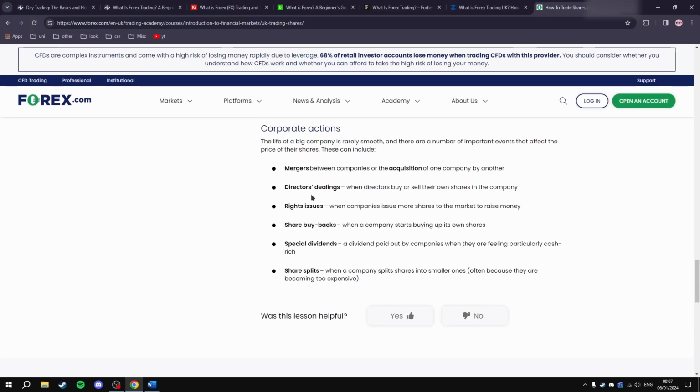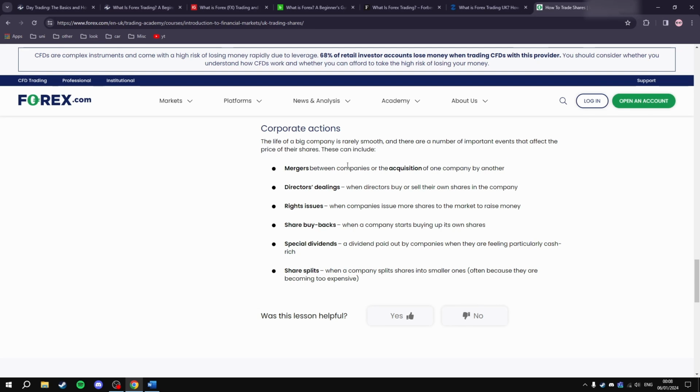Right, okay. So I guess these are some of the factors which affect the price of shares for a company. For mergers between companies, would that increase or decrease the share price?